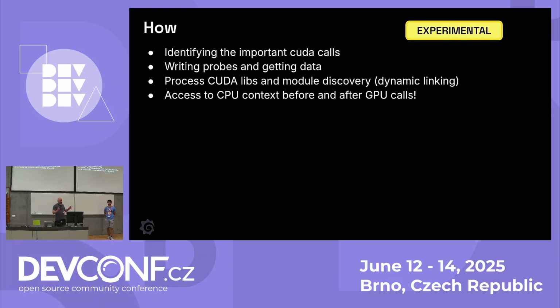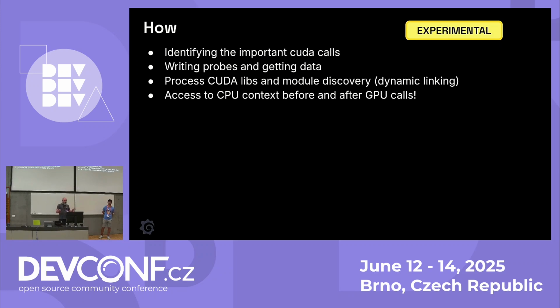As I said, this is experimental, so if any of you are working on AI or GPU, please come back to us and say if that is helpful or how you would do it. The first step that we did here is identify the important CUDA calls. There are many out there, but we select a subset to start experimenting with them.